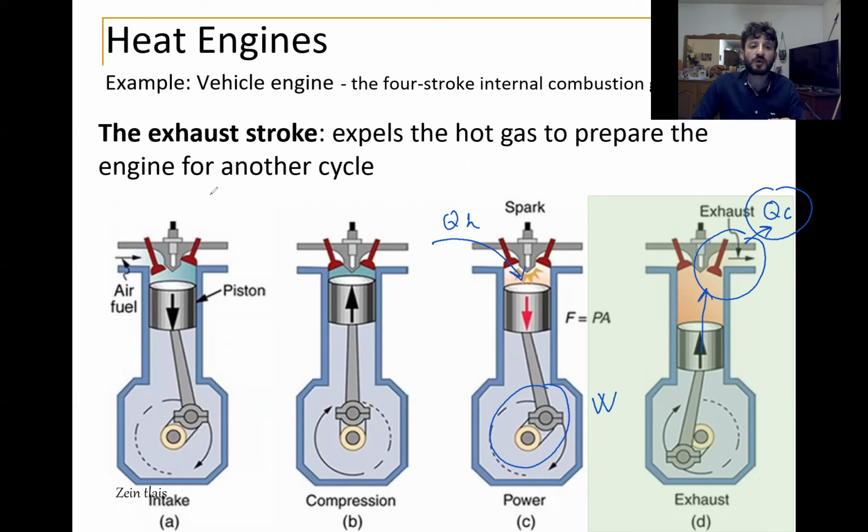So in general, we have Q hot added to the gas, which is equal to the work done by the crank, plus the quantity of heat lost by the system. So here we have an equivalence between the quantity of heat added, which is divided into a quantity of work done by the crank and a quantity of heat Q cold extracted from the gas at the final point.